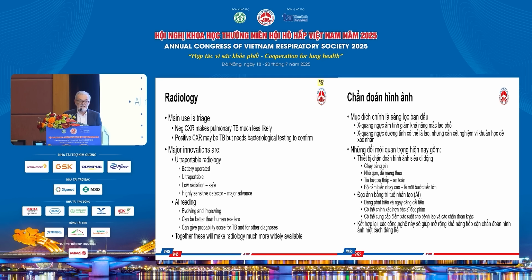Having said that, I think X-ray still does have a significant role in investigation of patients who present with respiratory symptoms, with cough, shortness of breath, fever, or weight loss. It's an important investigation, and some technologies that have evolved in the last 5 to 10 years make it much more accessible than it used to be.